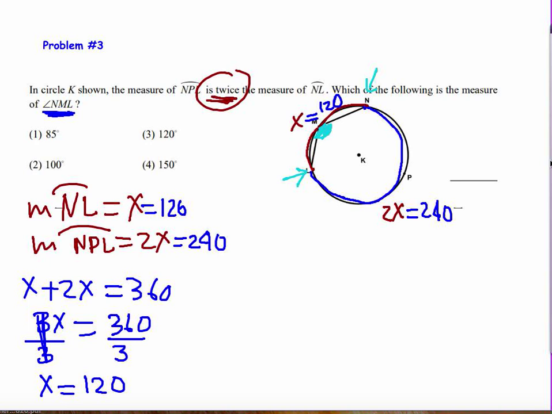So the central angle with the same endpoints would then be this angle right here, which is 240 because of the arc measure.